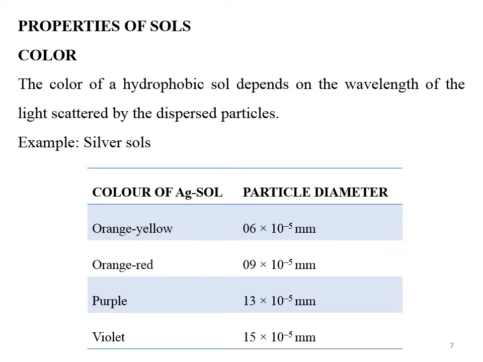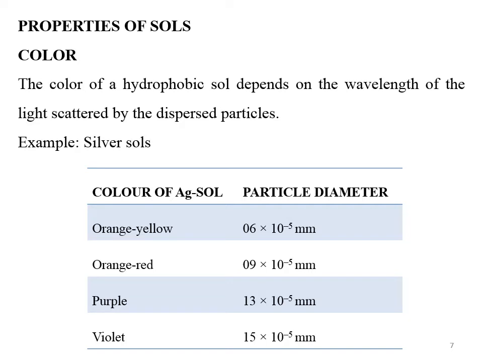And this table shows that when silver particles have a diameter around 6 × 10^-5 millimeter, then the sol appears orange yellow. And when the particle size is increased from 6 to 9 × 10^-5 millimeters, the color of the sol changes to orange red.